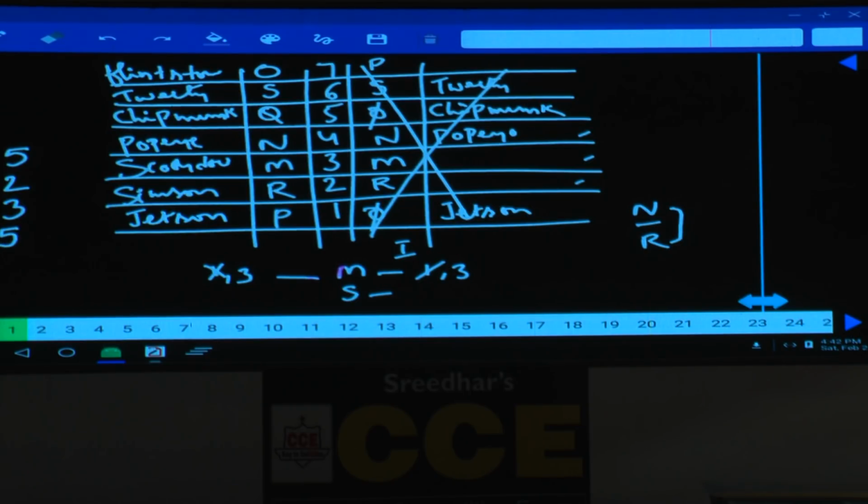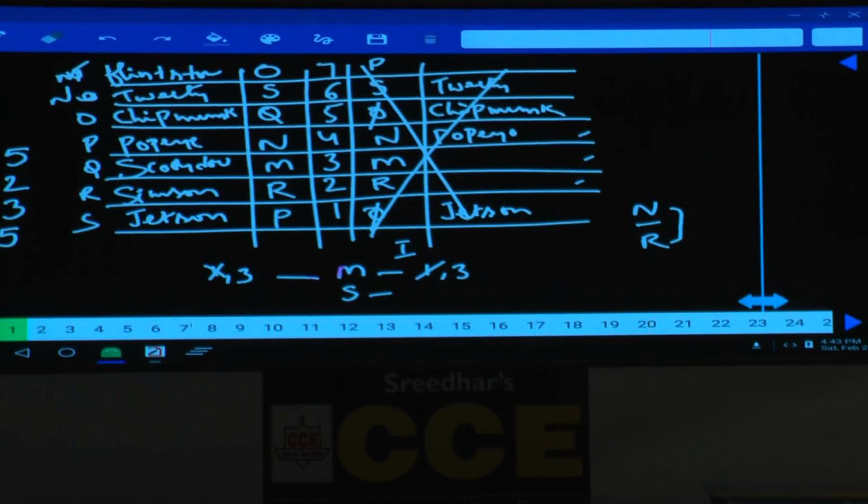Then question number 89. If all the people are made to sit in alphabetical order from top to bottom, starting from M: M, N, O, P, Q, R, S are the 7 persons. Then how many persons will remain in the same place or unchanged?